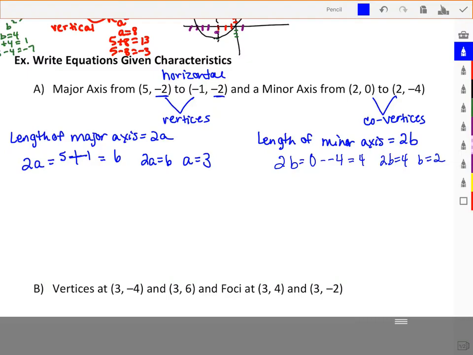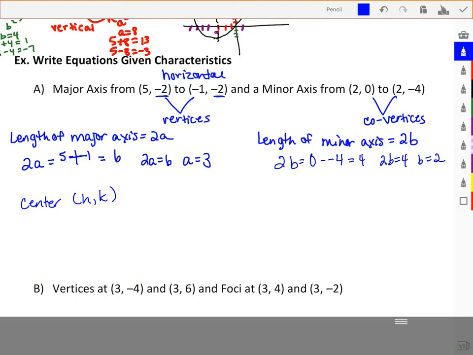We also need to know, in order to write this equation, we need to find h and k. Because remember, it's x minus h squared over a squared plus y minus k squared over b squared equals 1. So we've got our a and b. Now to find the h and k, we need to find the center. To find the center means we're finding the midpoint of either the major or the minor axis. It doesn't matter which one. Just for an easy go-to answer, I'm going to go with your major axis.